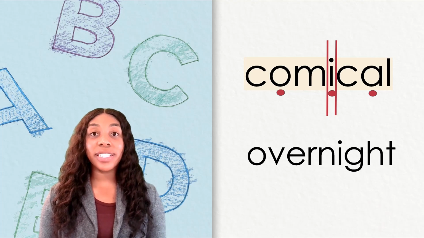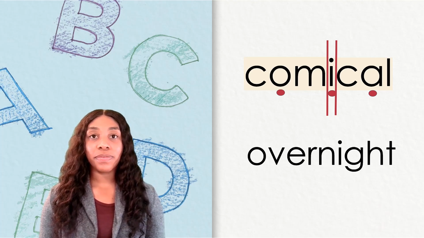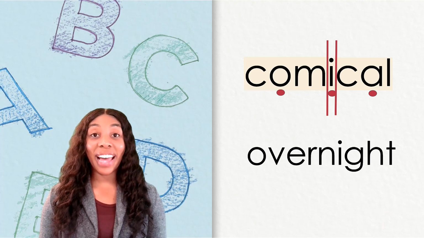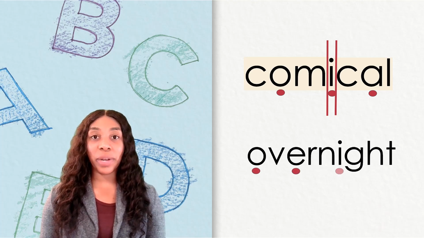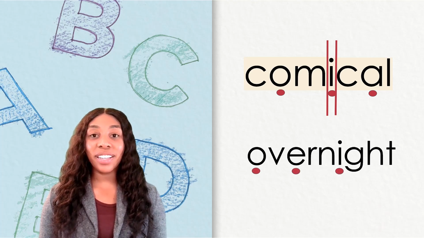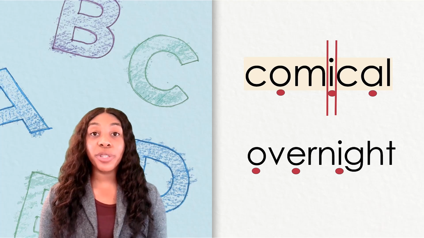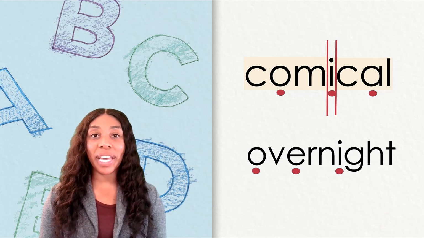Let's try another word. Let's find the vowels in this word. We also had 3 vowels in this word. Let's take a look at the syllables. As we can see, this is a compound word, which is when 2 words are put together to make one.